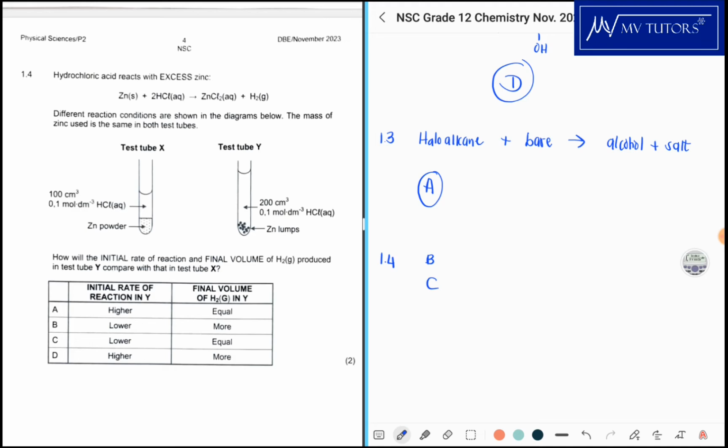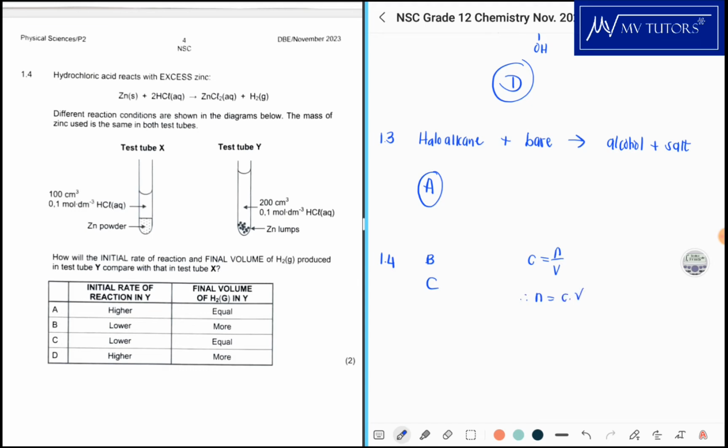Now the final volume of hydrogen gas in Y. We see here that we have a bigger volume of hydrochloric acid in test tube Y compared to that in test tube X. If we were to calculate the number of moles for test tube Y, remember the equation: concentration is equal to number of moles over volume. Therefore, number of moles is equal to concentration times volume.